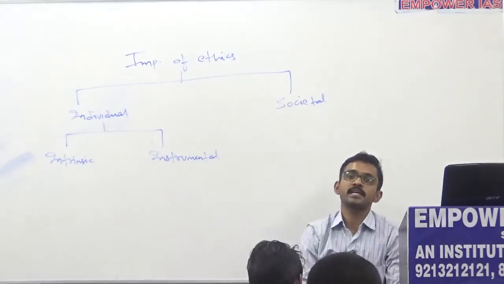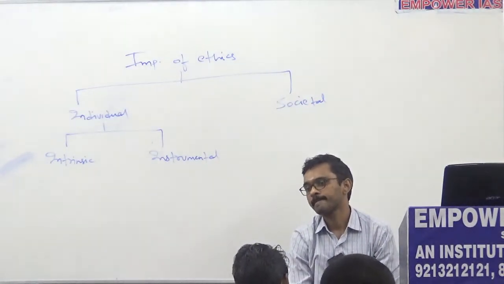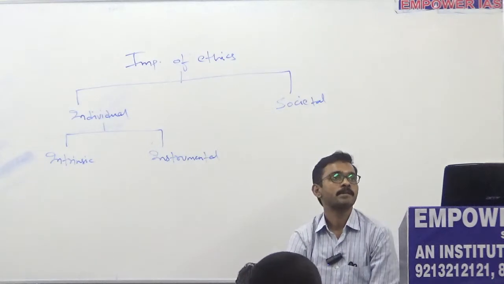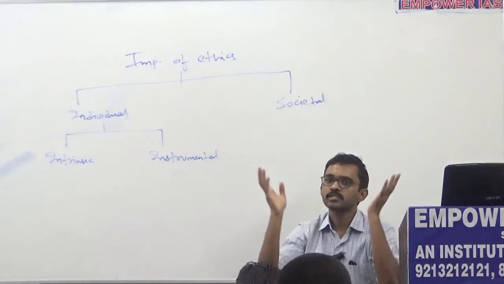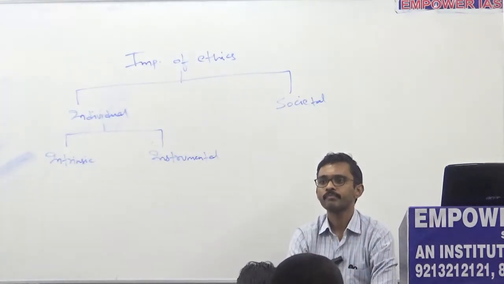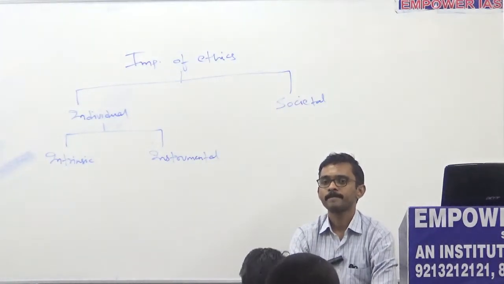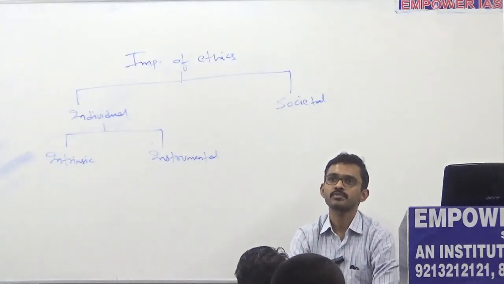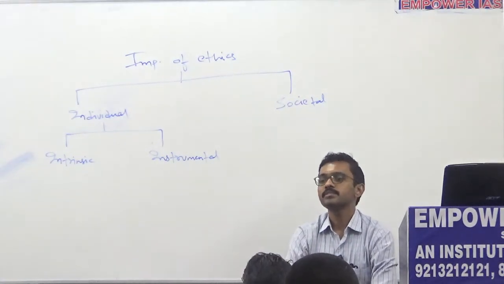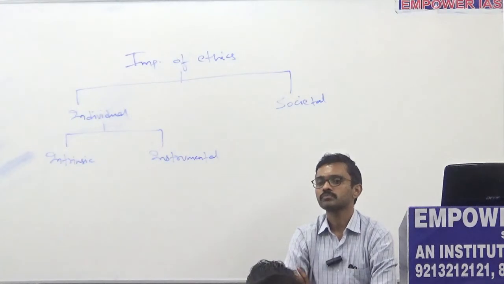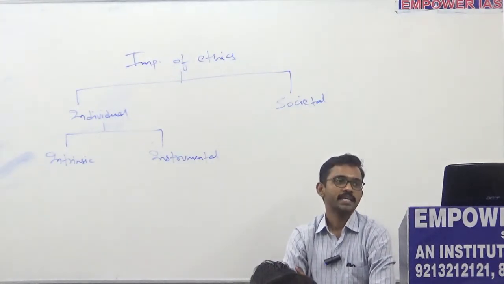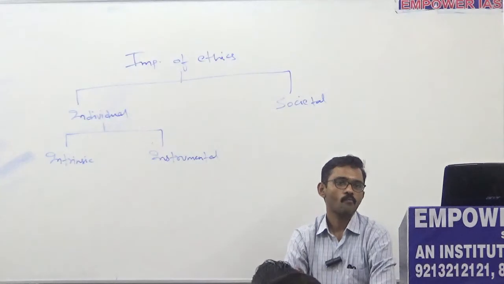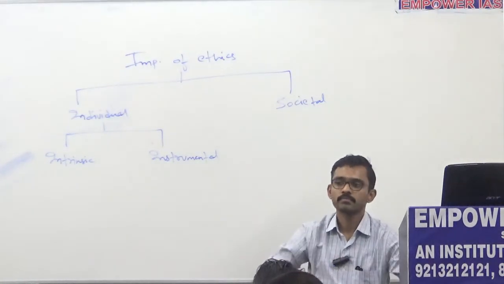Second is the importance of ethics at a societal level. Why do we need ethics at a societal level? Peace and cooperation. Otherwise, chaos in the system. The natural tendency of any society is towards entropy.